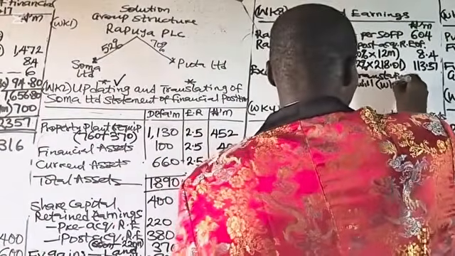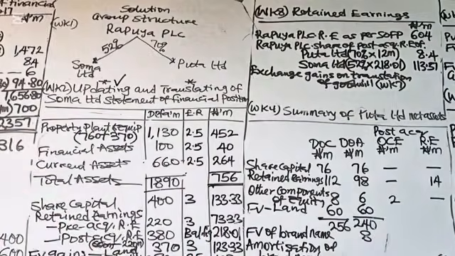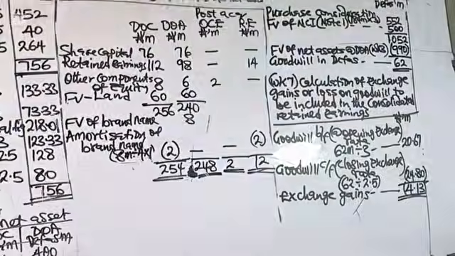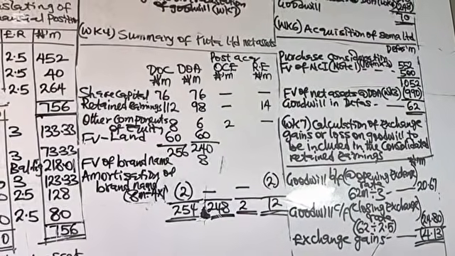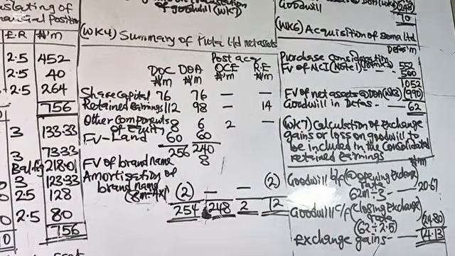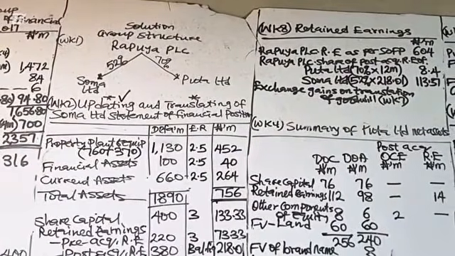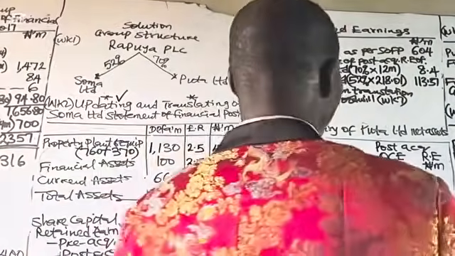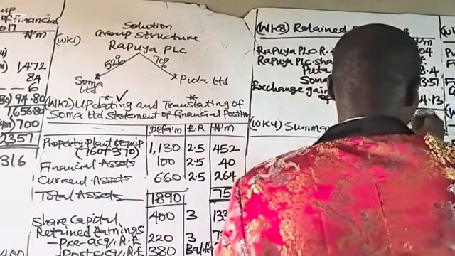In working 7, we obtained 4.13, which is the exchange gains on translation of goodwill. Then we will include it in the consolidated retained earnings.